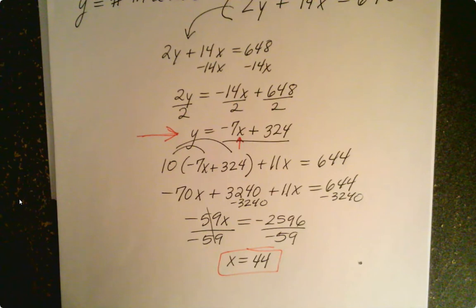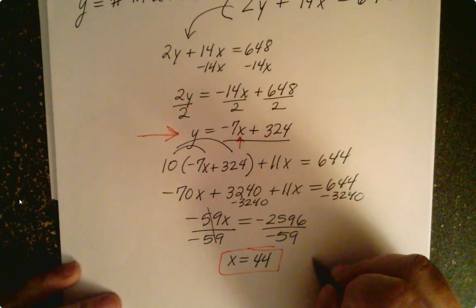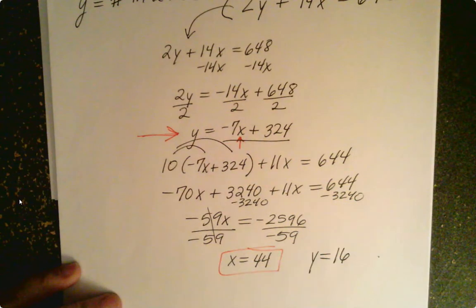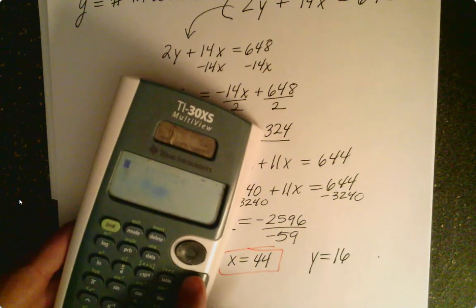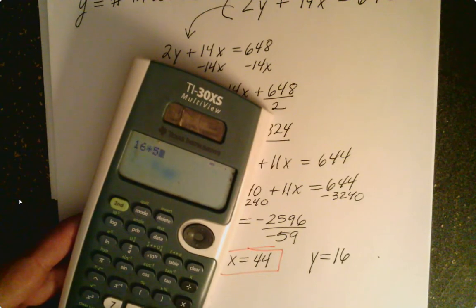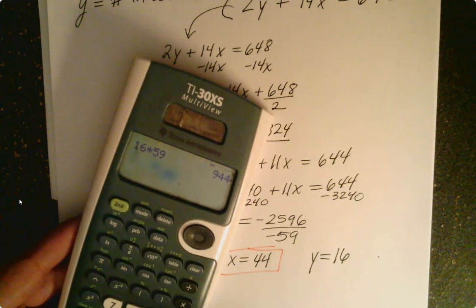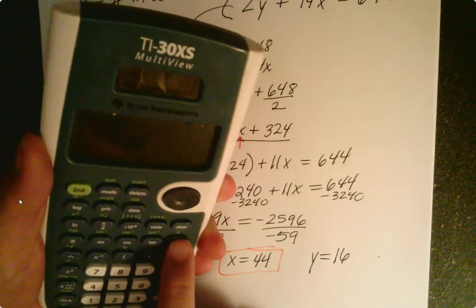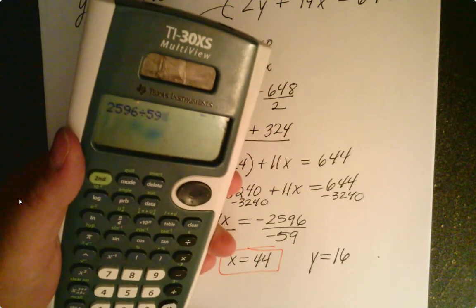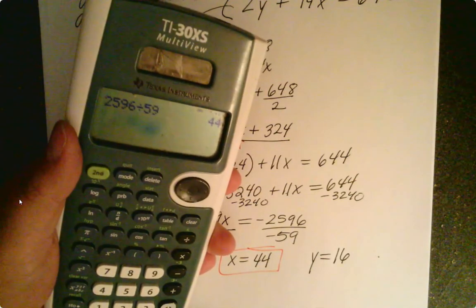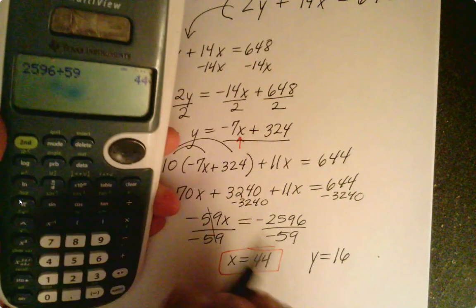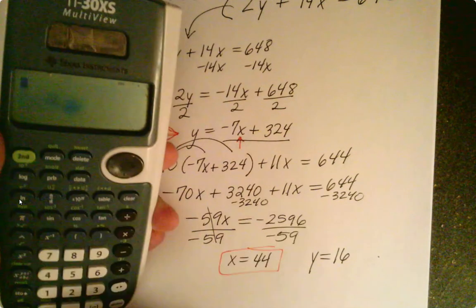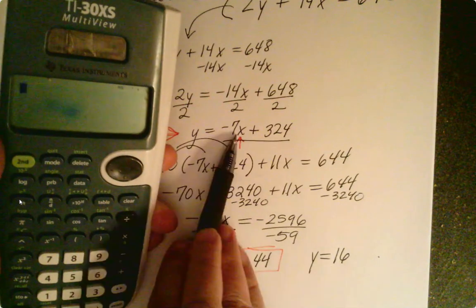No, it looks like maybe 16. Let's make sure that makes sense. Well, an easy way to check is to multiply. 16 times 59? No, that's not right. I don't know what happened there. Let's try again. 2596 divided by 59. Oh, that was the x, I'm sorry. This is me going back up here. Okay, y is 16. Does that make sense?